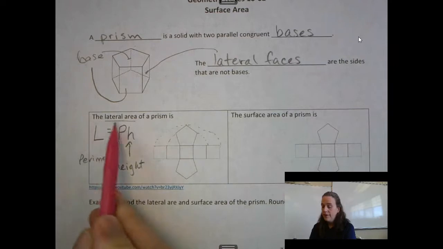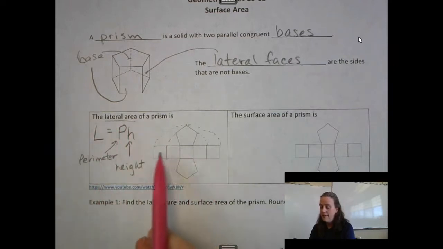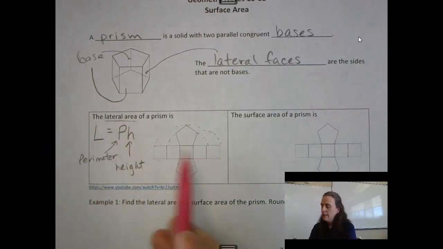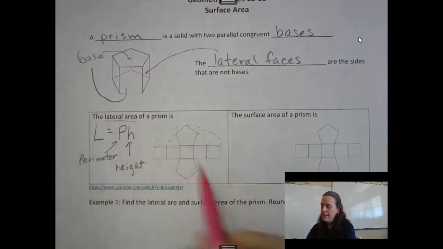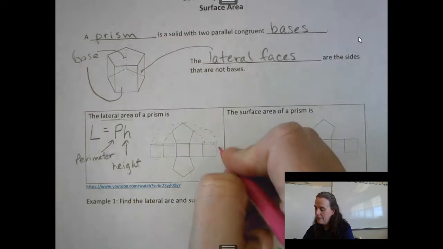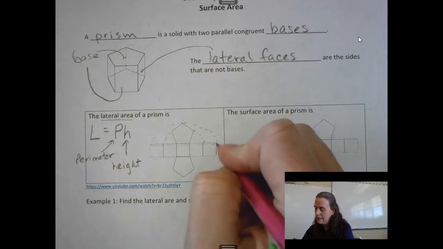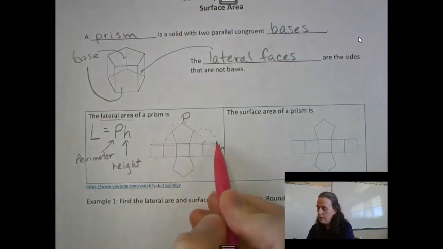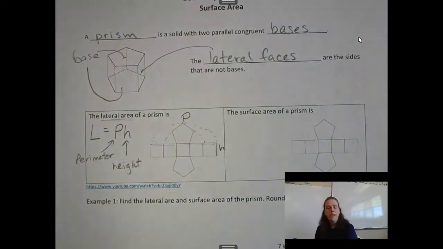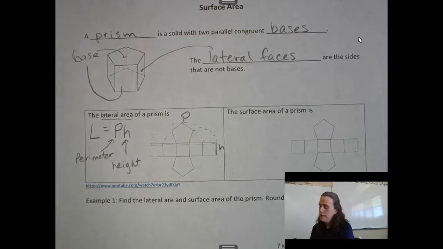And we're looking for the lateral area, so just the area of that long rectangle. So perimeter gives us this side, and then the height gives us this side. I'm going to put a capital P up here for this one, and H here. That's how you can find the lateral area of a prism: the perimeter of whatever that special base shape is times the height of the prism.